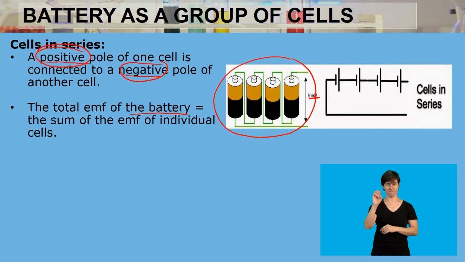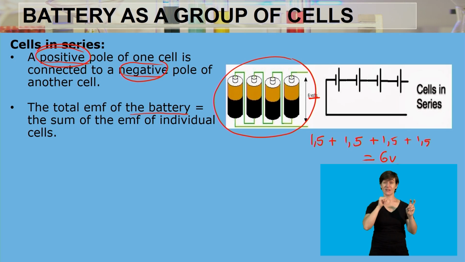As we can see, we have 4 cells that are connected to form this one battery. That means each of these cells has an EMF of 1,5, so that when we add all these 1,5s, we are going to get 6. So 1,5 plus 1,5 plus 1,5 plus 1,5 sums up to 6 volts. Each of these cells has an EMF equal to 1,5 volts.